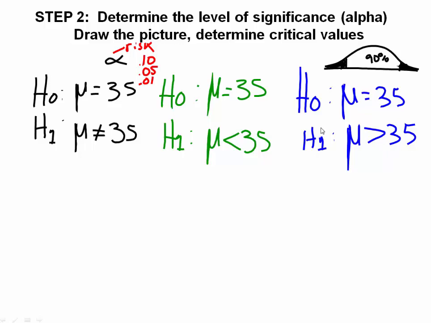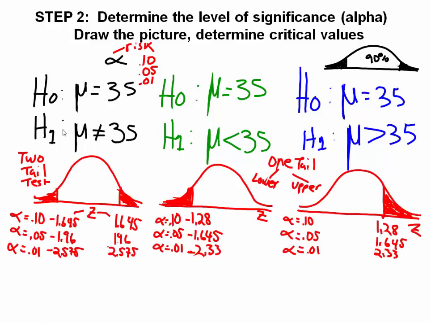So we can draw a picture associated with each one of these hypothesis statements. We call this hypothesis a 2-tailed test, in other words, equal and not equal. Well, if it's equal or not equal, it means that it can be either more or less.